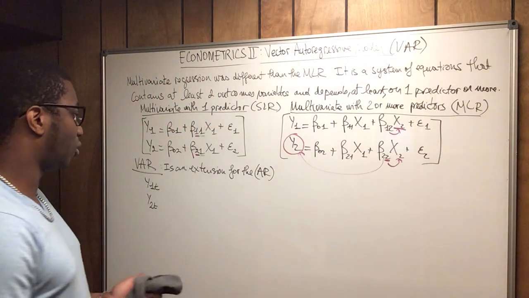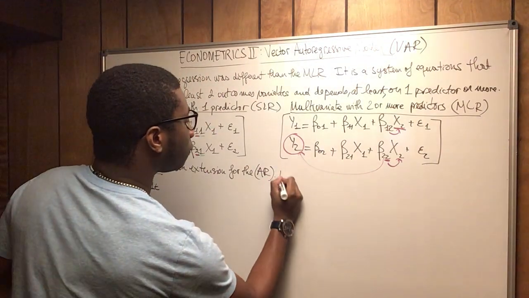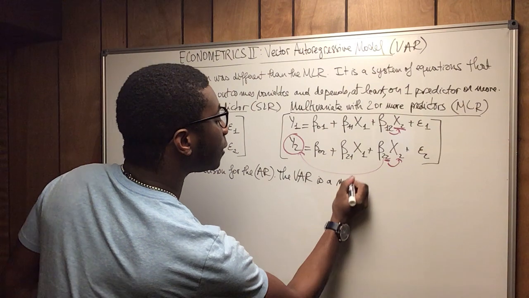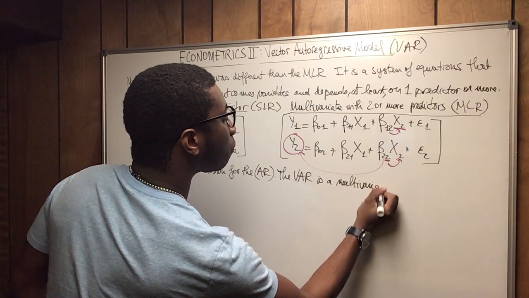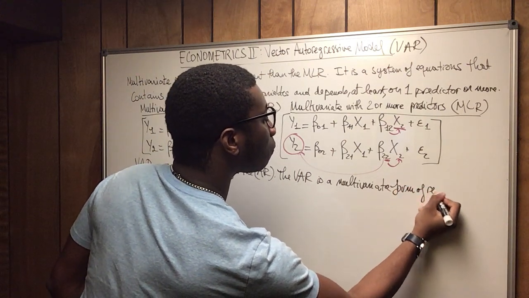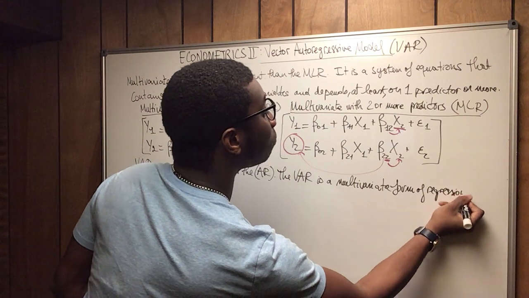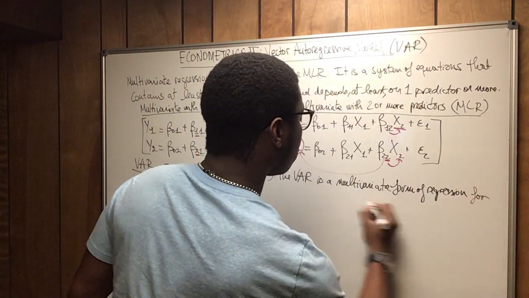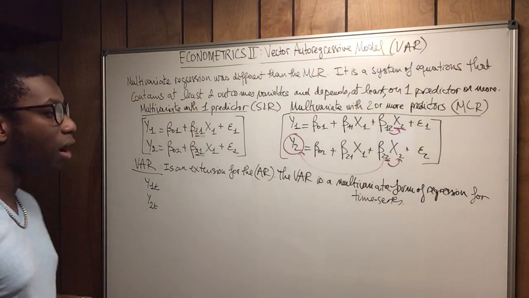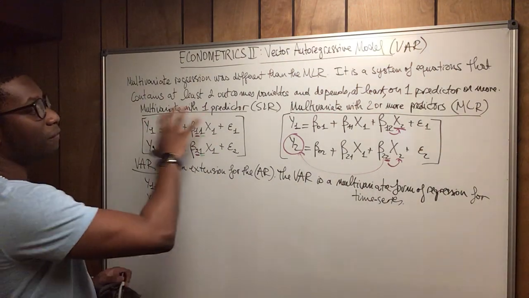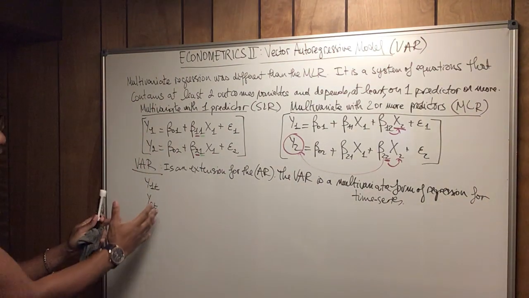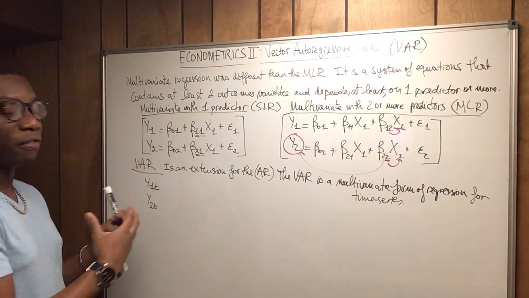So the VAR is a multivariate form of regression for time series. That's what the VAR is. That's why I started with the multivariate regression, so that you will see the link. Back now to write the model mathematically.